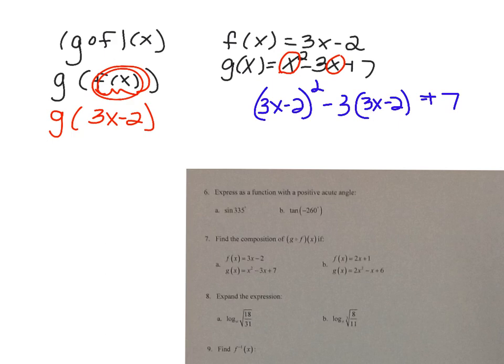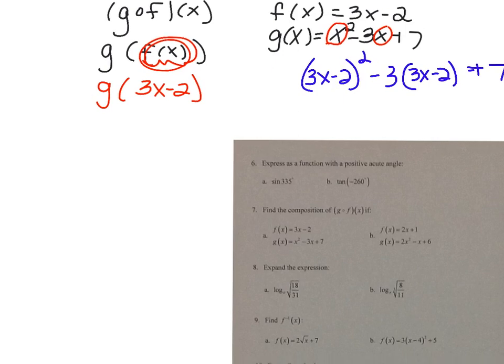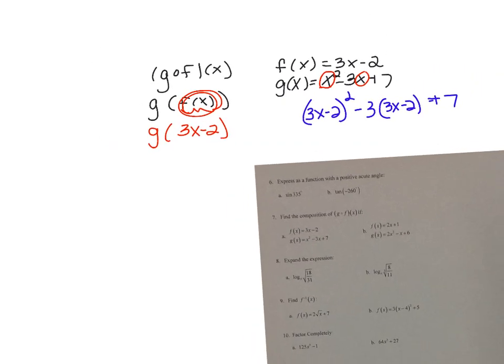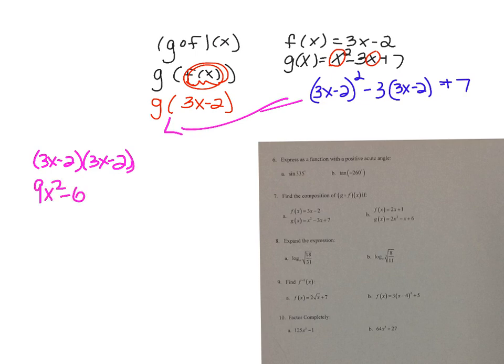All right, so I have to double distribute this here. Sorry, I didn't really give myself enough room. So I'm going to go over here now so I have more room. We have 3x minus 2 times 3x minus 2. Double distribute, we get 9x squared minus 6x plus 4.